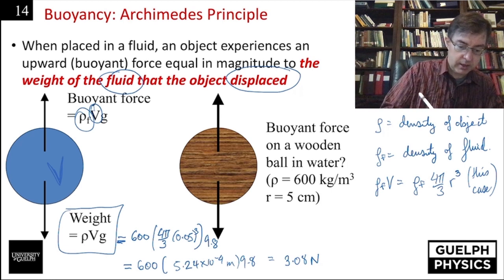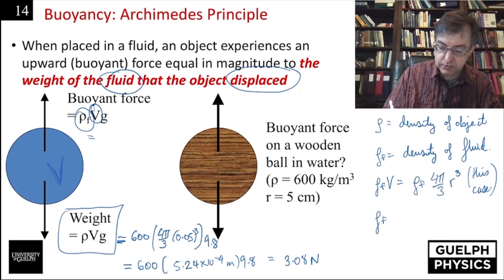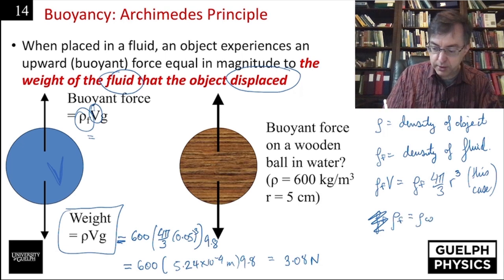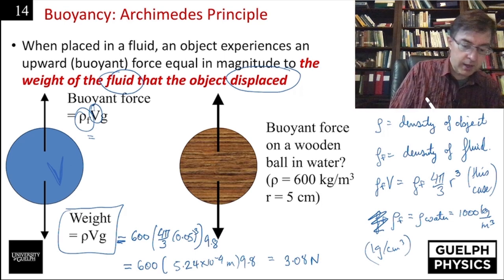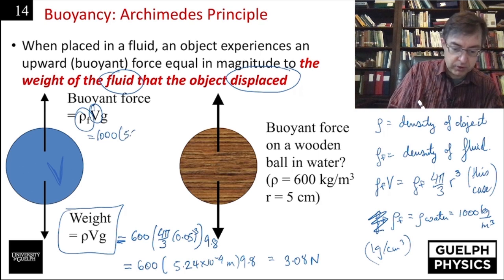Similarly, I can calculate now the buoyant force. Now the difference with the buoyant force is that I use the density of the fluid. The density of the fluid is the density of water, and the density of water is 1,000 kilograms per cubic meter, or 1 gram per cubic centimeter. So I then plug in 1000, and I use the same volume of the object here, which is 5.24 times 10 to the minus 4 cubic meters.